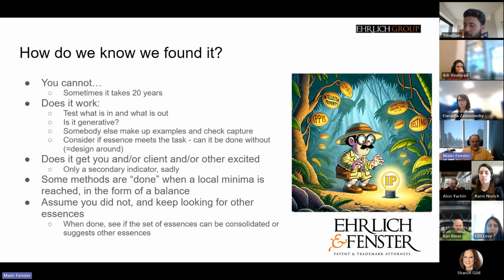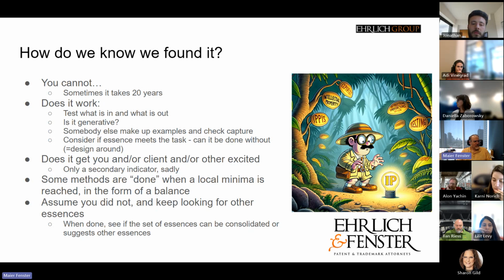We noted before that in some of the methods, you get a local minima, like a balance between the different parts, and you get stuck in it. So one thing you can do is assume you didn't finish, you just got to a local minima, and maybe you should continue looking for other essences.